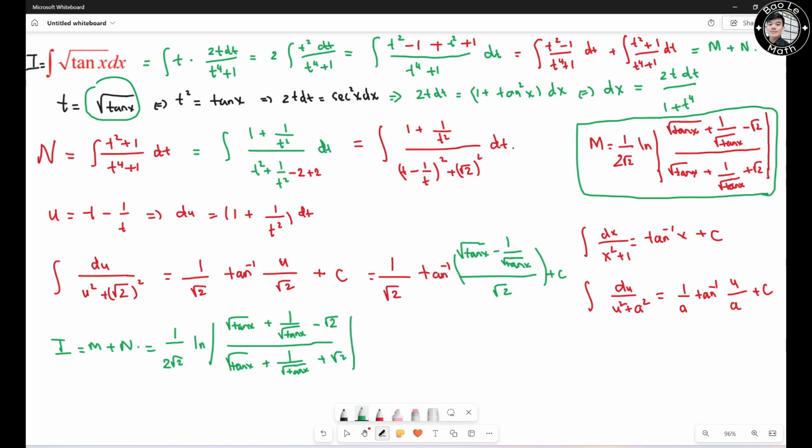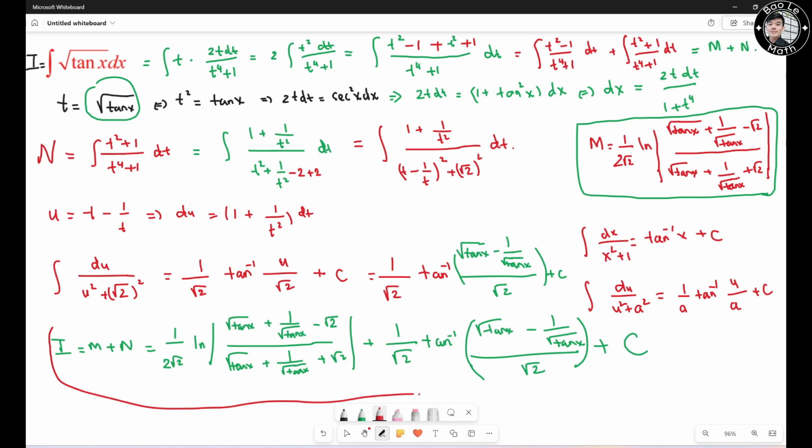So this is for m. Now n is going to be plus 1 over root 2 tangent inverse of square root of tangent s minus 1 over square root of tangent s over root 2 plus c. And this is the final answer.